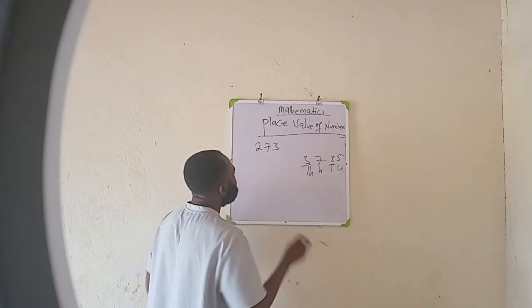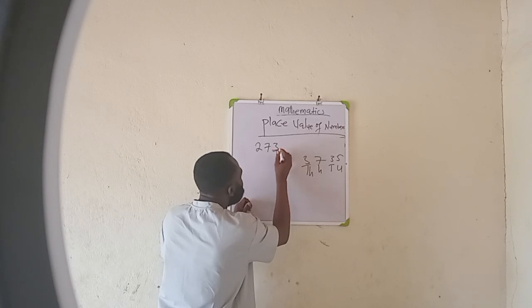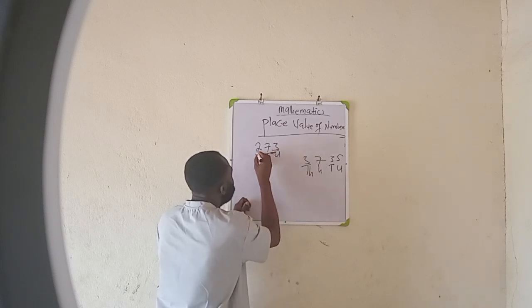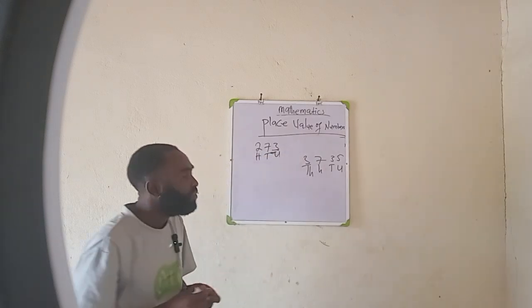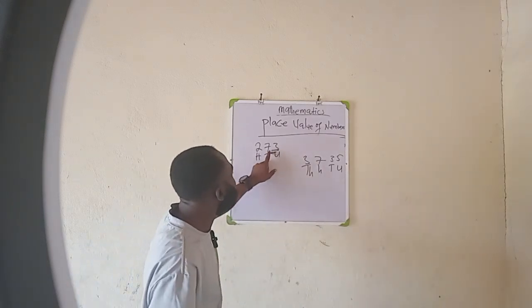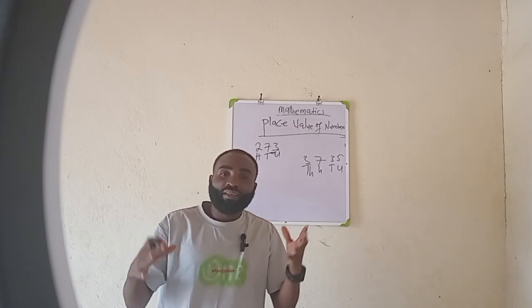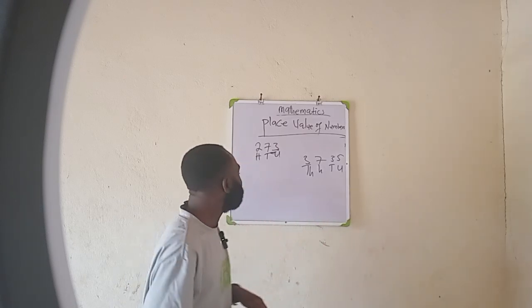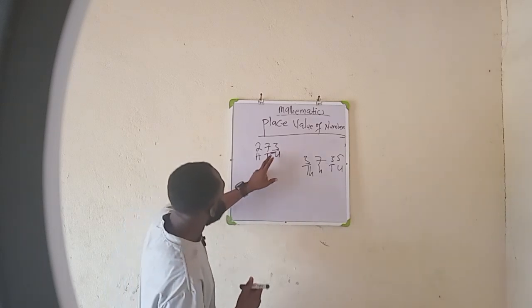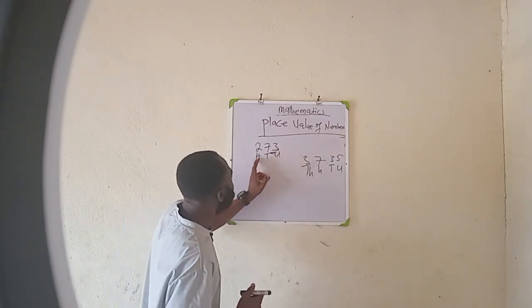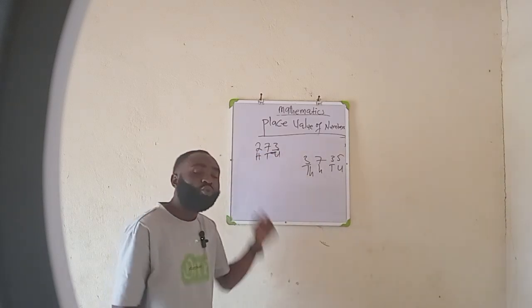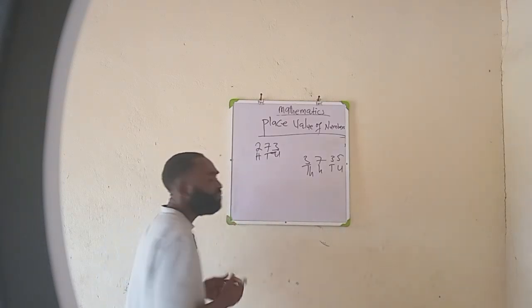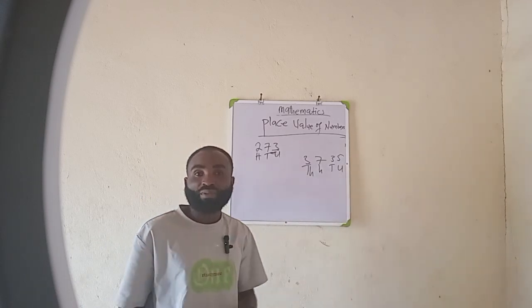Since we know that this is units, tens, hundreds, the position of 7 here is tens, because this is units, tens and hundreds. This number is 273.